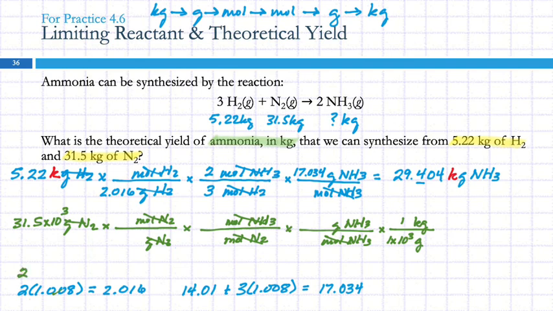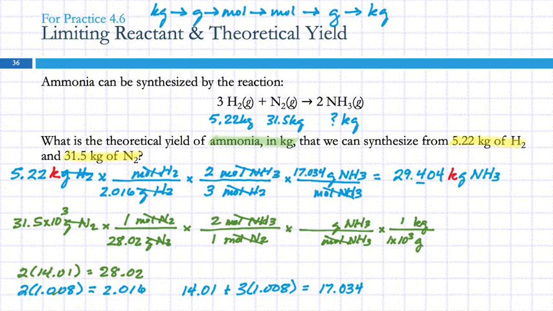We need the molar mass of nitrogen. 28.02. And we've got 2 moles of ammonia for 1 mole of nitrogen. So this one's 2 to 1.